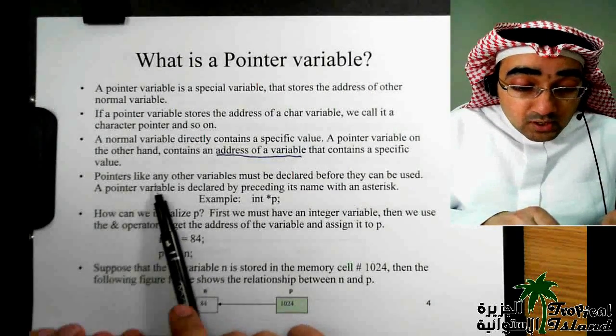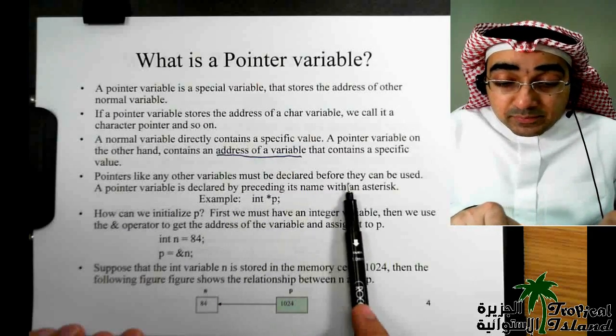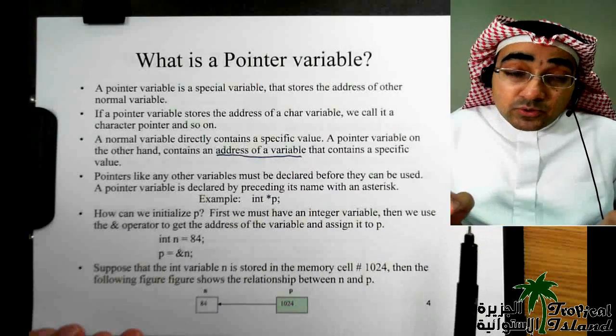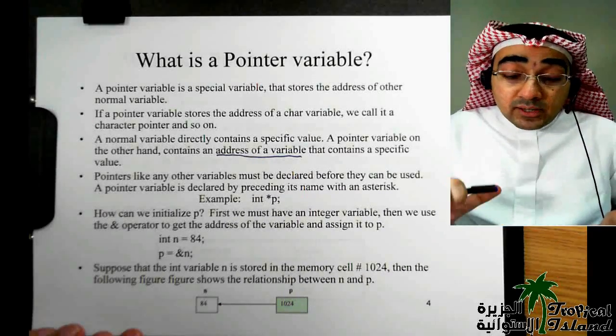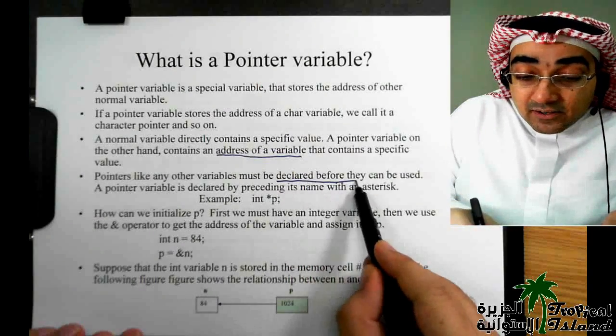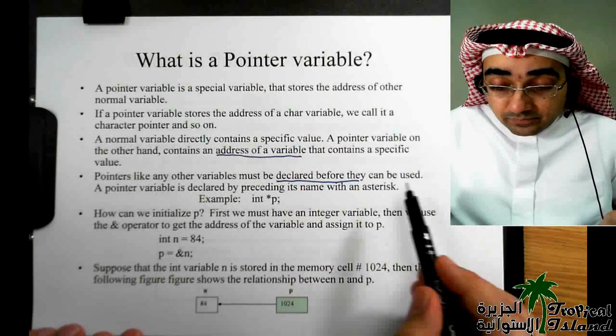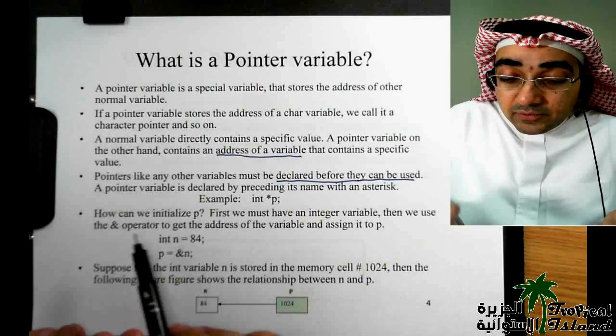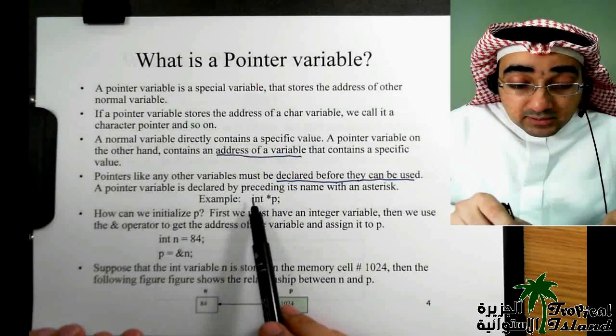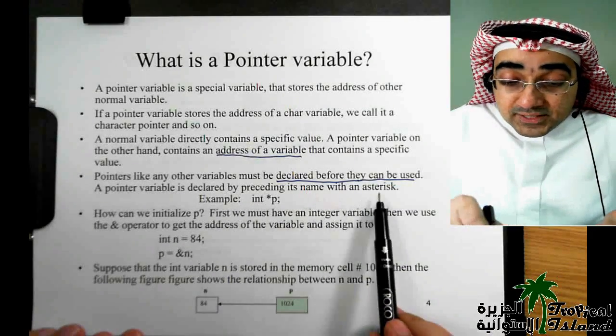Okay, so pointer variables, like any variables, must be declared before they can be used. Anything in C has to be declared before use. A pointer variable is declared by preceding its name with a star.